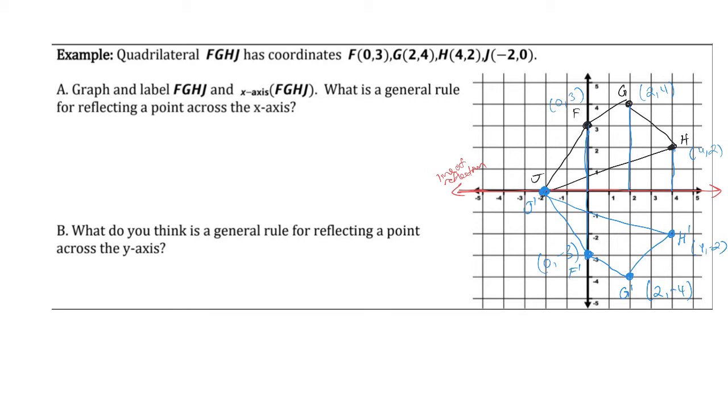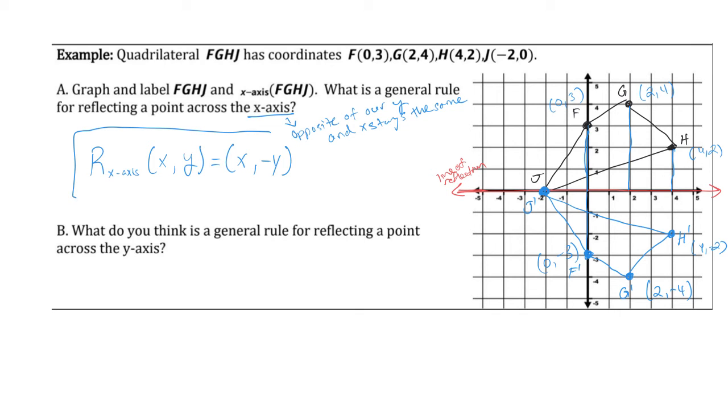So essentially, for going over the x-axis, we take the opposite of our y, and x stays the same. Our general rule is: if we do a reflection over the x-axis, (x, y) changes to (x, opposite of y).